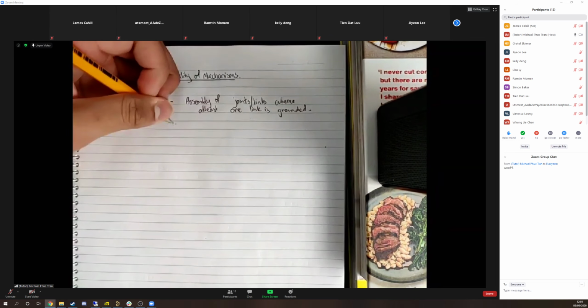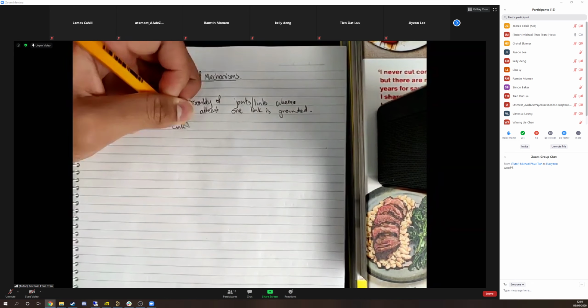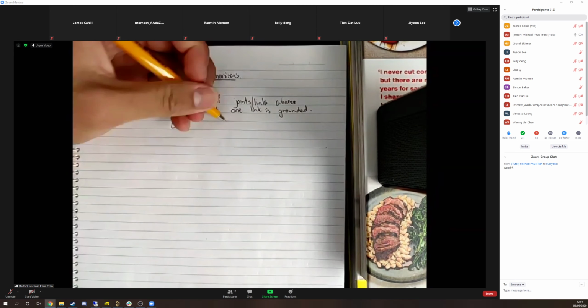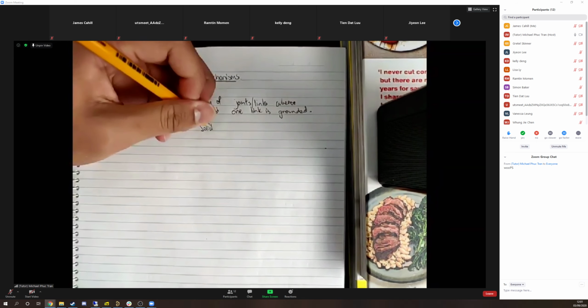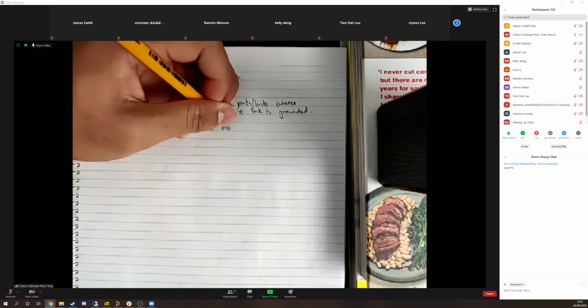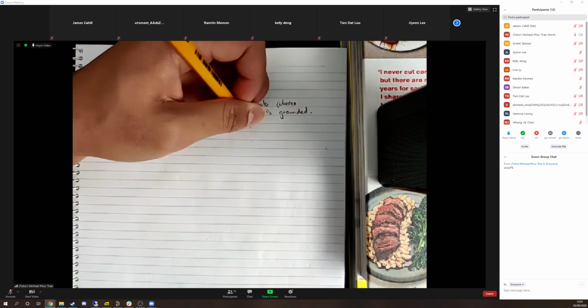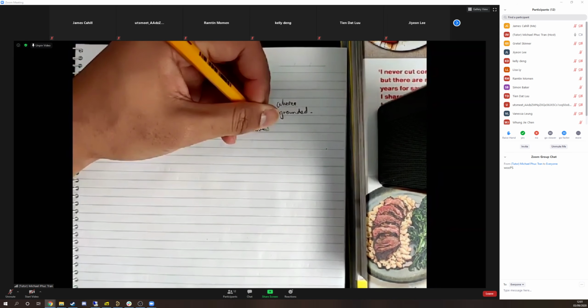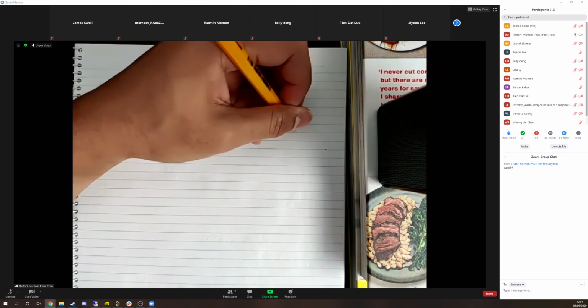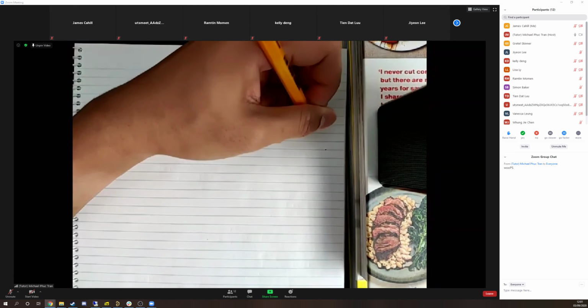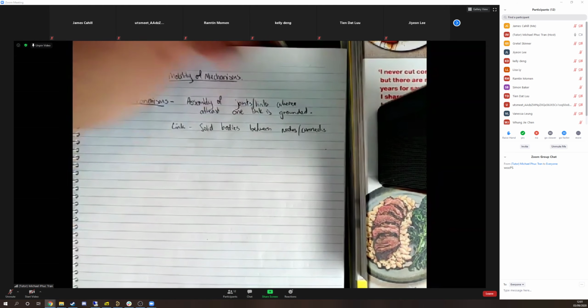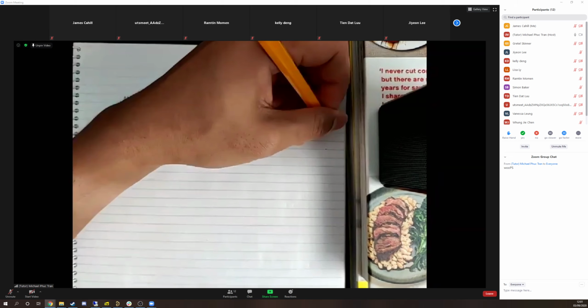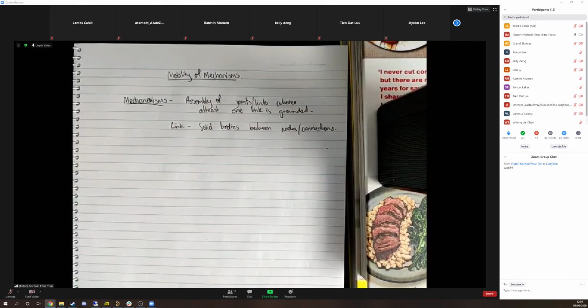So a link is defined as solid bodies between nodes or connections. And these connections are with other solid bodies.